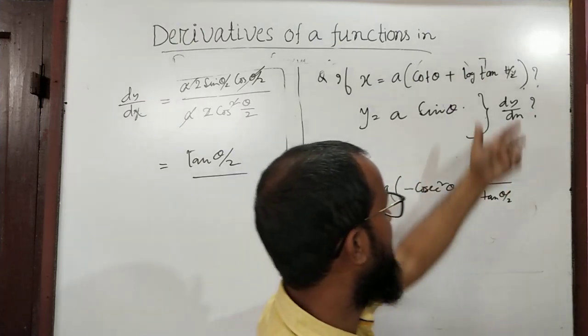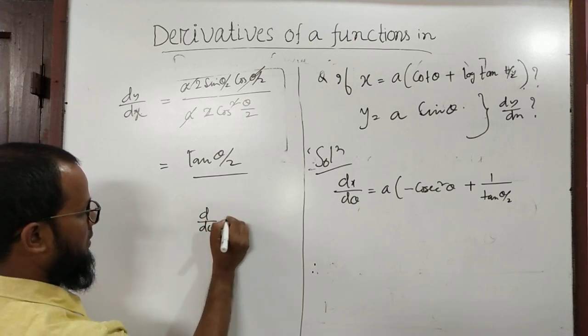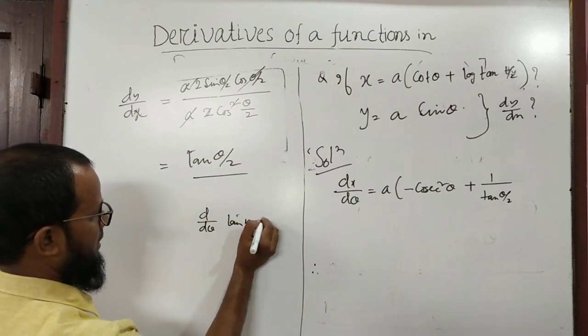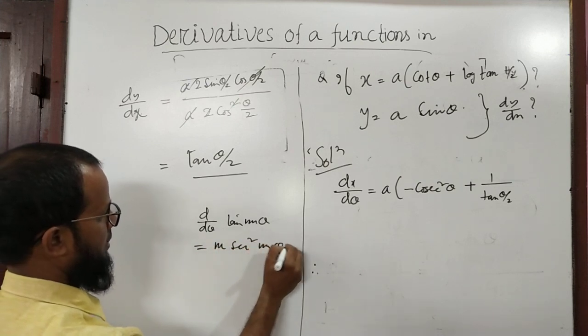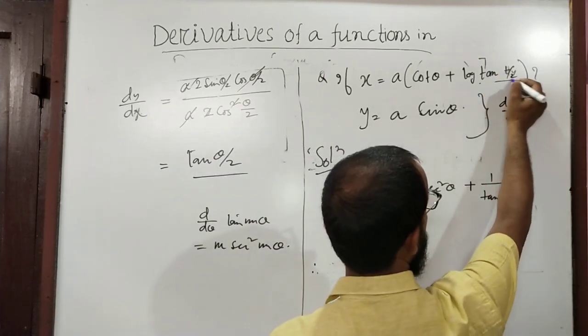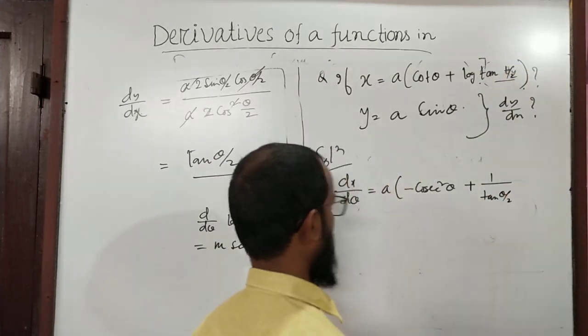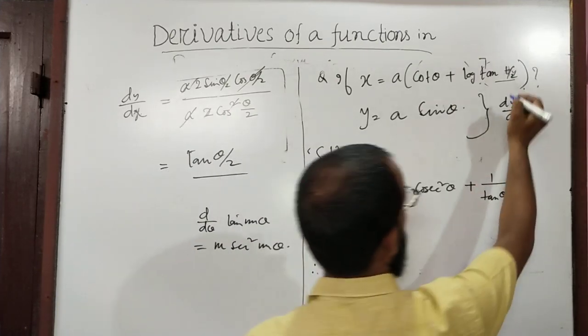And again, you know the derivative of tan m theta equal to m into sec square. This constant will be multiplied. Here, again, the derivative of this with respect to theta.